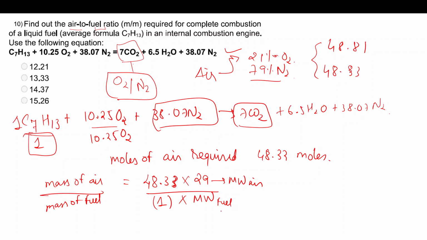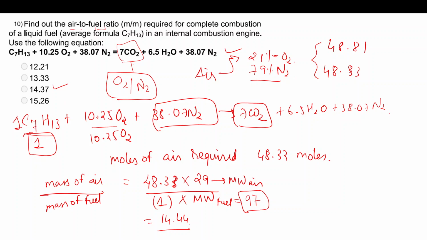What is it? Check the molecular weight of fuel. What are you getting? 97. Yeah, it is 97. If you divide this, it will come out to be 14.4, which is very close to option C, 14.37.